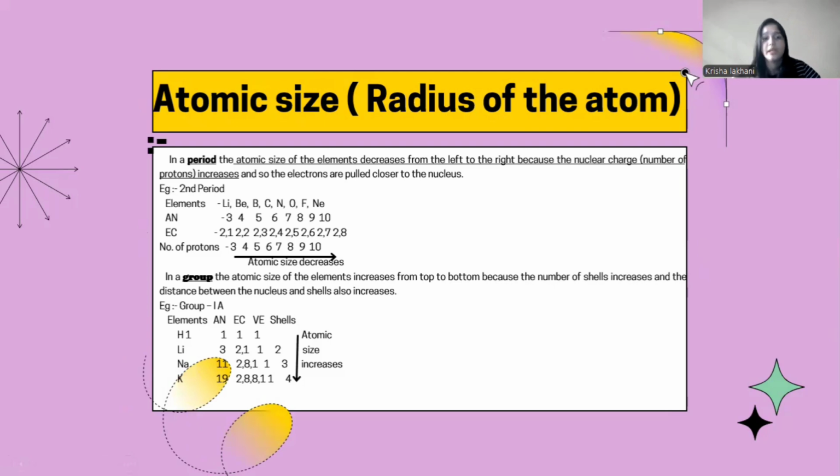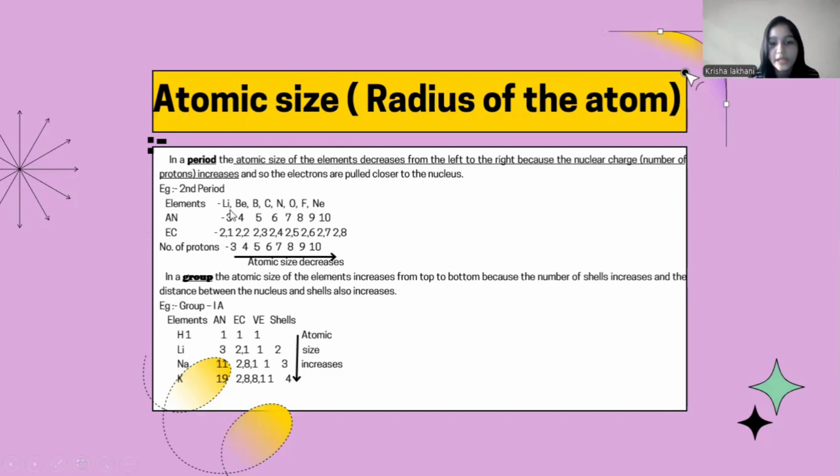Radius of an atom. In the period, the atomic size of the element decreases from left to right. When you go from lithium to neon, the atomic size of the element decreases left to right because the nuclear charge increases. Always remember, whenever the nuclear charge increases, can you see here?